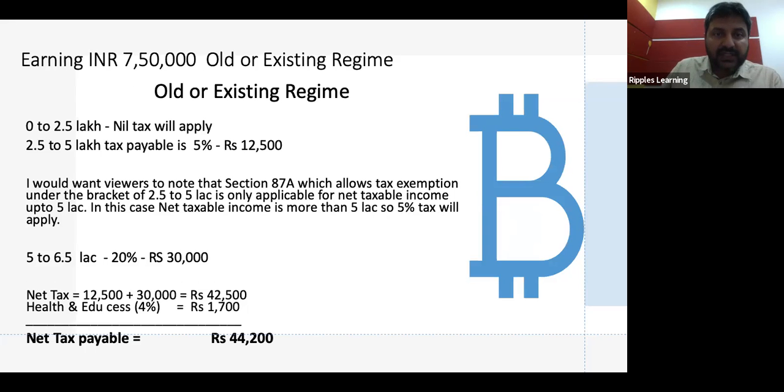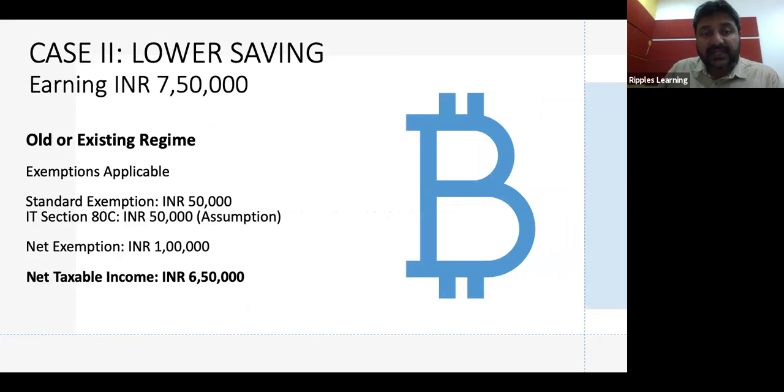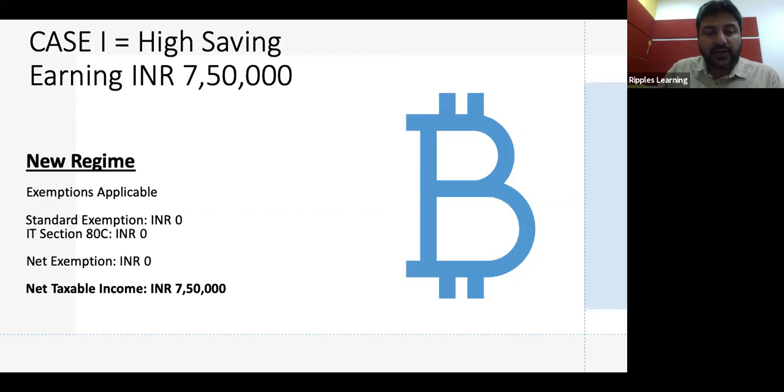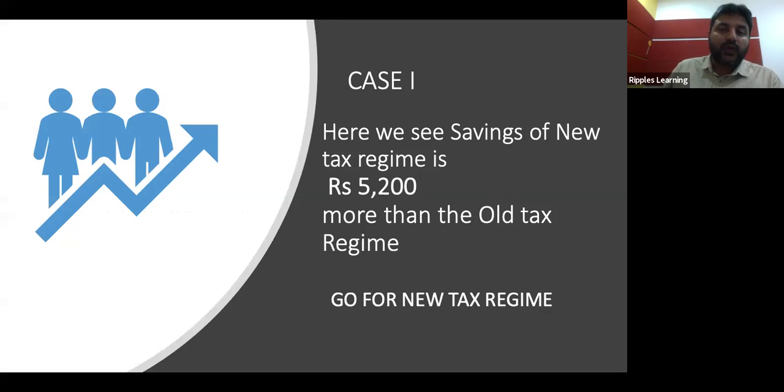In the old regime, it was 44,200, where the savings were less. What were the savings? Saving was 50,000 under IT section 80C and 50,000 under standard deduction. So technically, this is what we can conclude in case 1.